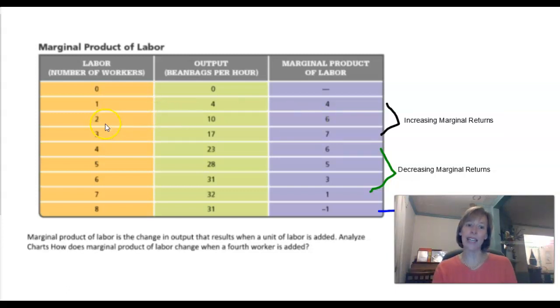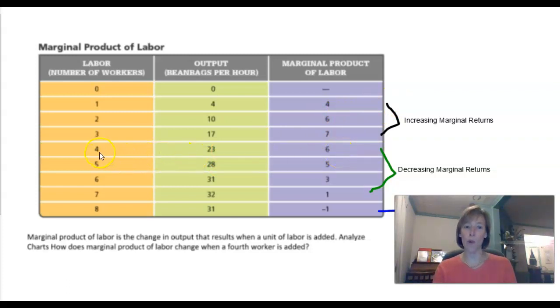What happens as we continue to add units of input to a fixed supply of other resources is we can see that we continue to make more and we have increasing marginal returns.